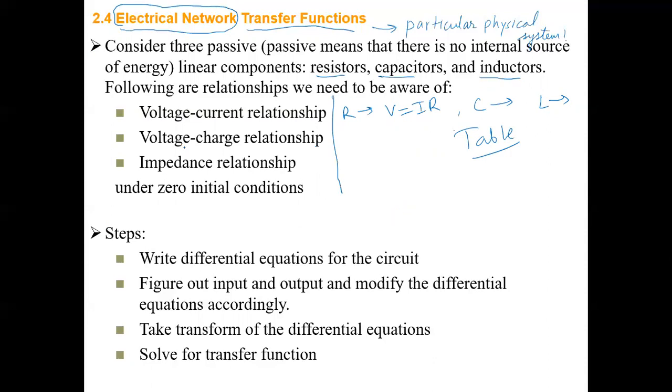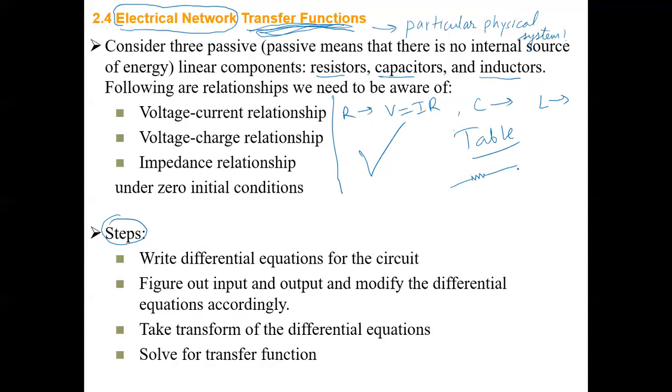Now let me come to the point here. Once I give you this table, you can figure out the transfer function of the system. So what are the steps to find the transfer function? First of all, you have to write the differential equation for the circuit. Let's say you have a circuit like this.